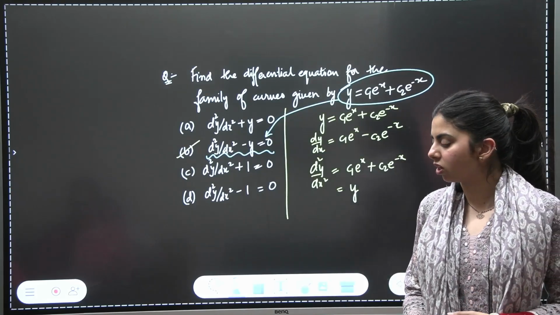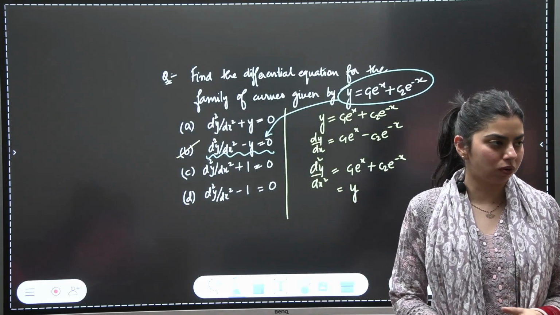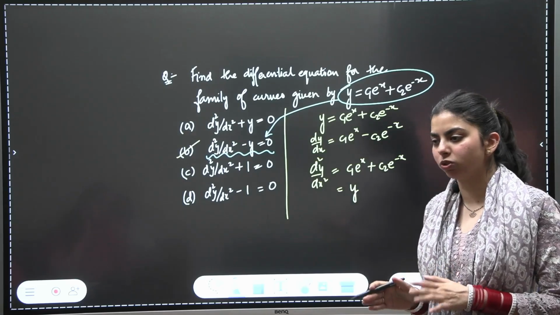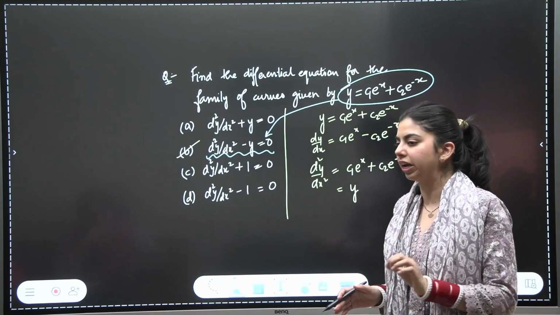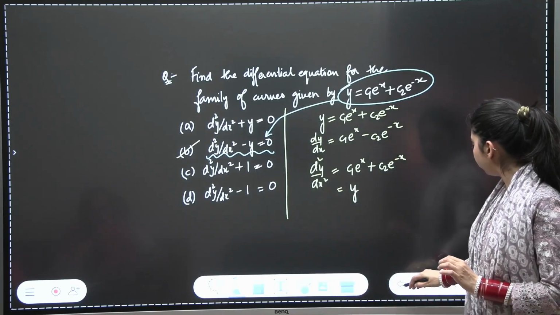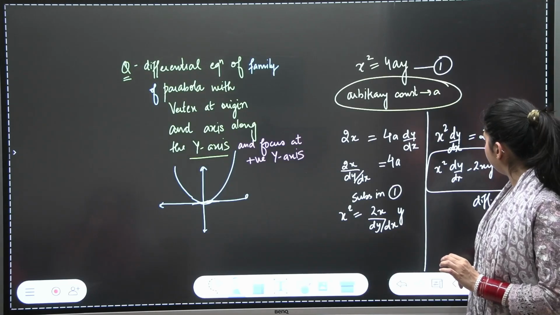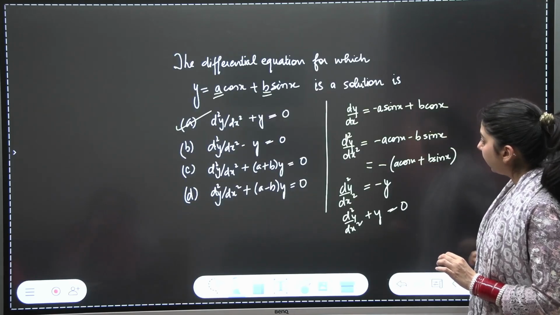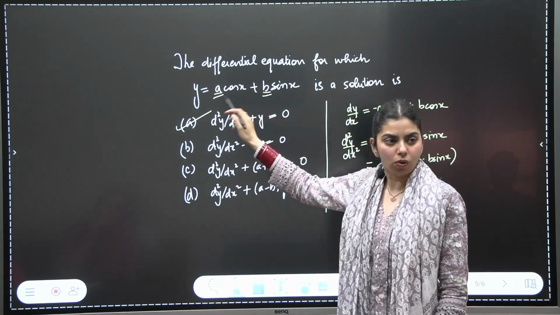And for a differential equation to represent a family of curves, there's just one rule which we went over: the number of arbitrary constants decides how many times you can do the derivative, right? If there's only one constant, you cannot create a second order differential equation. So for example, in the question we were dealing with, I had two arbitrary constants.